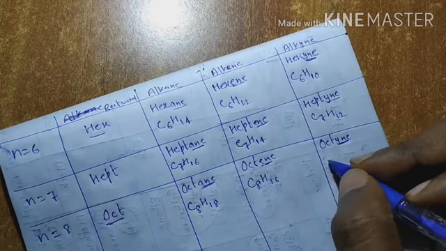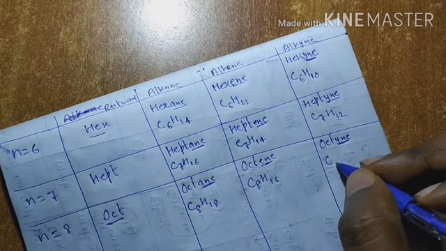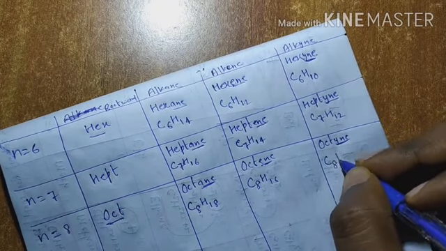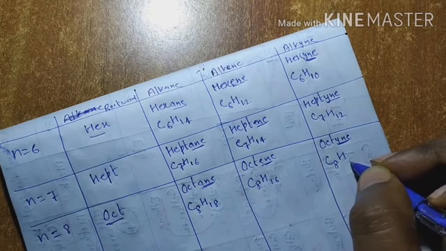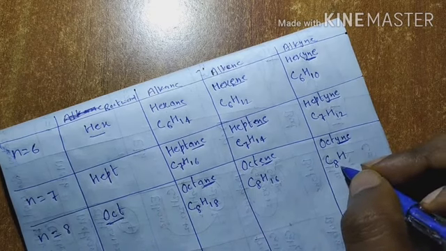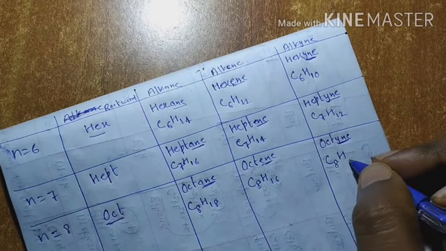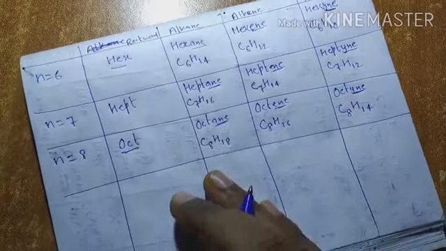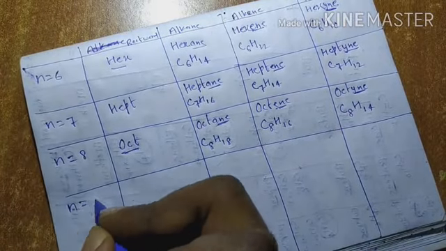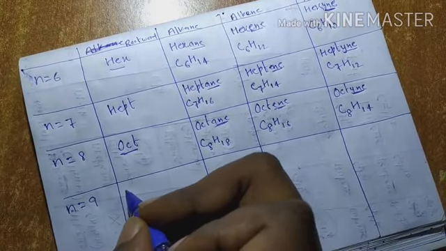It means C8, double of carbon minus 2, 8 to the 16 minus 2. In case of alkyne, just double of carbon minus 2, 8 to the 16 minus 2, that is 14. If number of carbon is 9, then it will be called non.